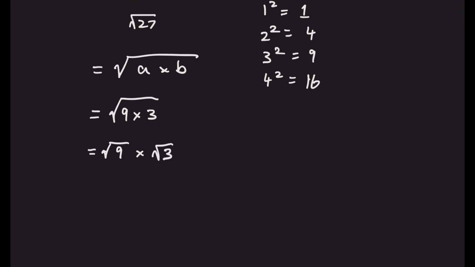Since 9 is a perfect square, root 9 is 3, and then root 3, you just bring down. This is the simplifying part.